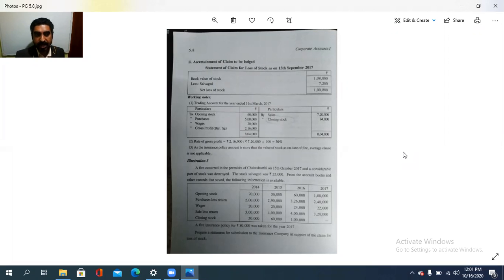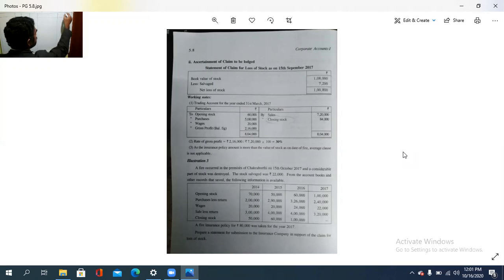It is not directly given in the question, so we need to first calculate the gross profit ratio. So firstly, the memorandum trading account: for how many years? For 3 years you need to calculate it. So 3 columns are here.